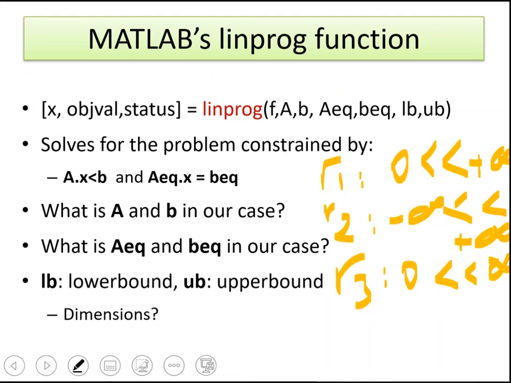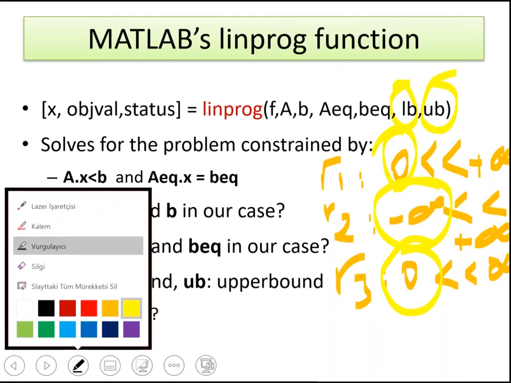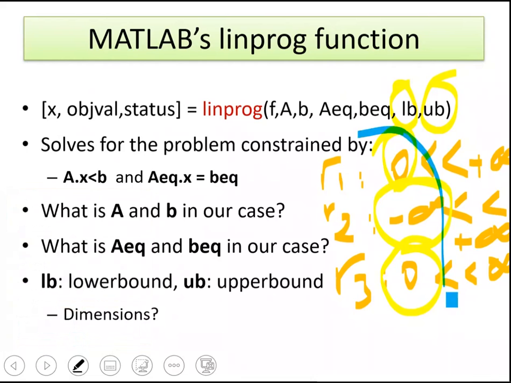Then lower bound of reaction 1 is 0. Lower bound of reaction 2 is minus infinity. Lower bound of reaction 3 is 0. So these lower bound and upper bound vectors are used to define reversibility of reactions, to define reversibility constraints. So in this case, this will be our lower bound vector.